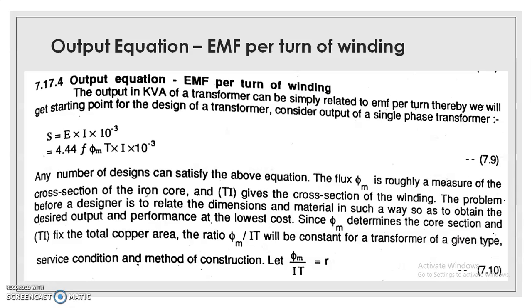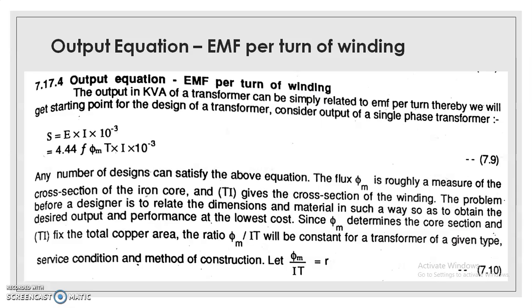So the designer has to relate these two things, and for that the flux phi m is roughly a measure of the cross section of the iron core, and T into I, that is number of turns into the current, gives the cross section of the winding. So we can relate dimension and materials in the form of phi m and TI.